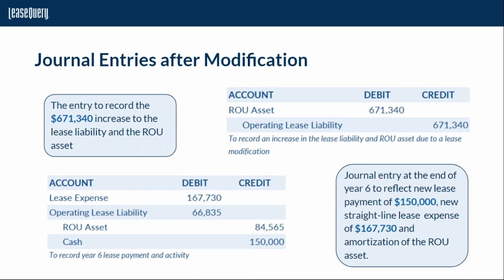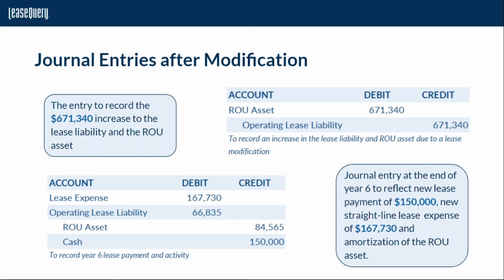So we completed the amortization table with the modification calculations, and now we're ready to create the journal entries to record the modification. You first have the entry to record it, which is just the adjustment amount of the $671,340 as a debit to the right of use asset and a credit increasing the lease liability.